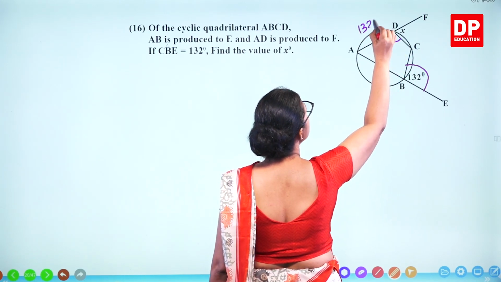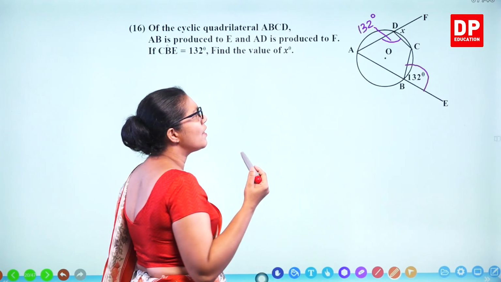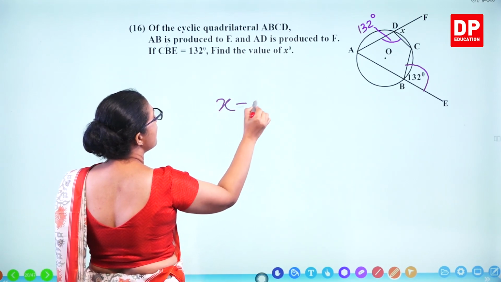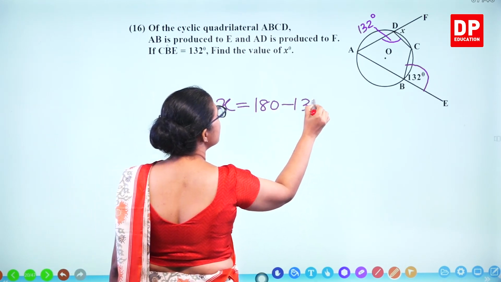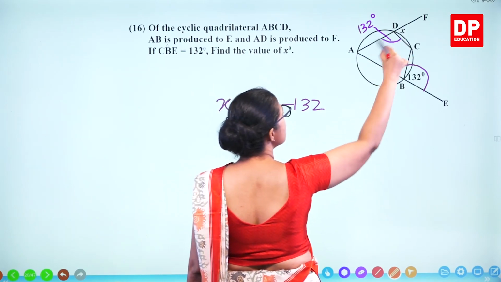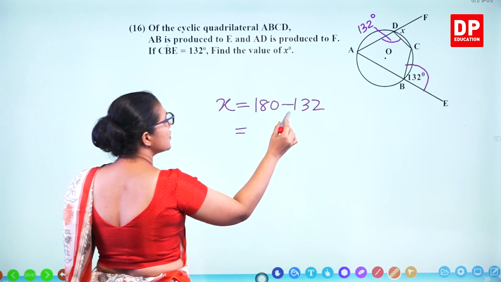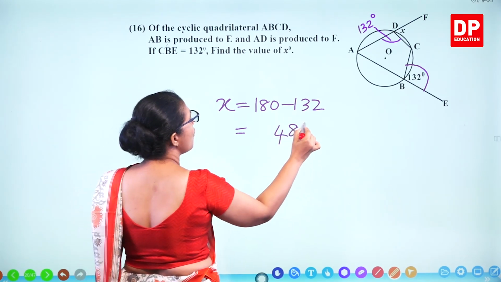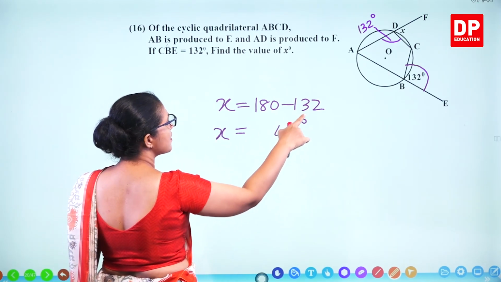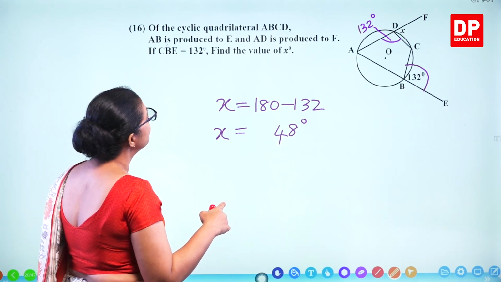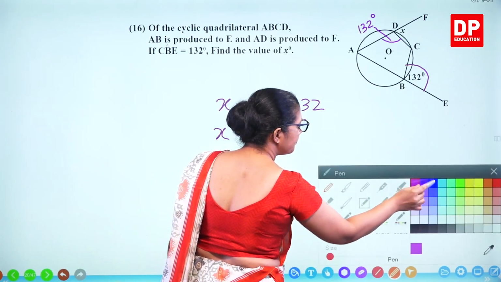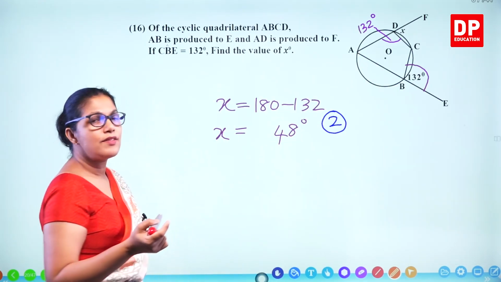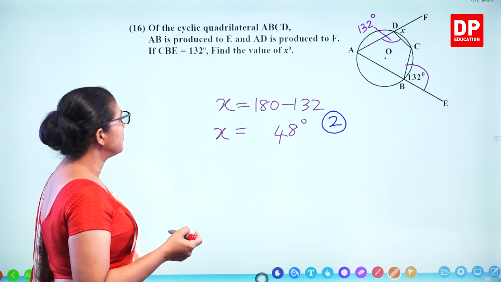This is 132. So what is X? X is straight away 180 minus 132 because this is a straight line. So you get 48 degrees for X. So 2 marks for that: identifying this angle and then subtracting from 180.